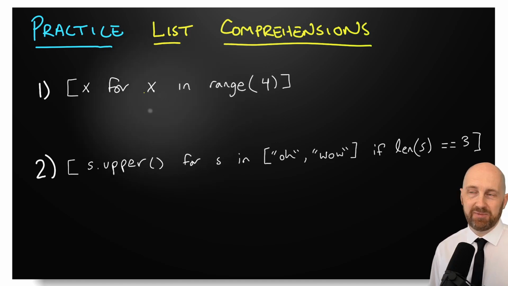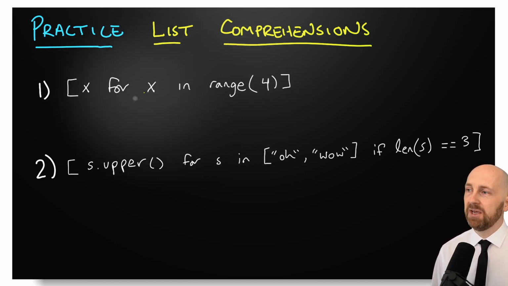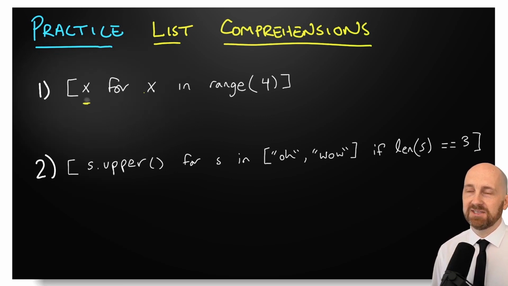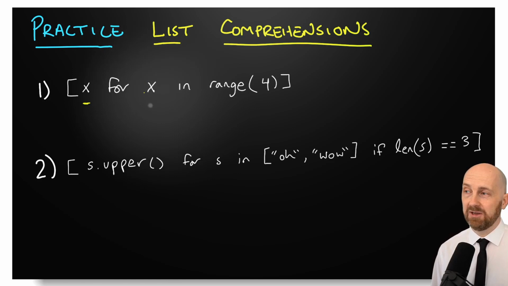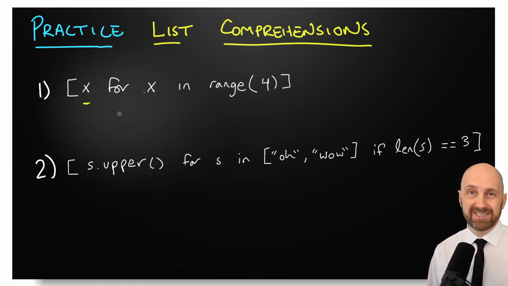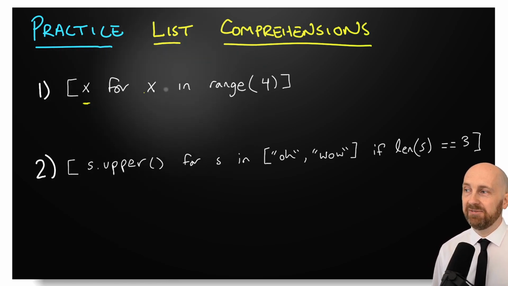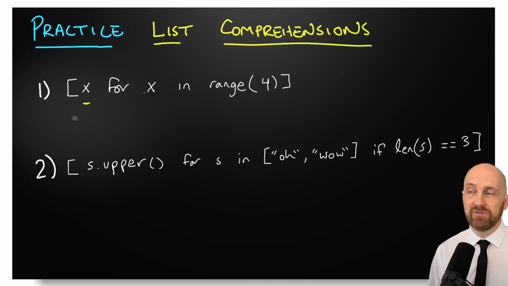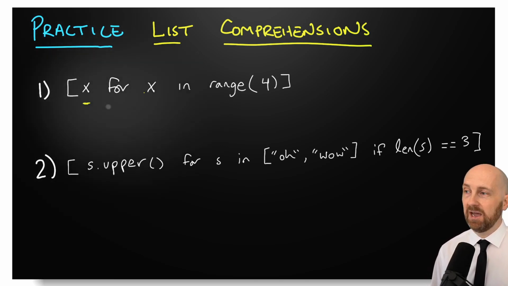This is a very common pattern for a list comprehension that you'll see in real-world Python programs. It looks a little bit funny because this transform expression is just the name of the variable that we're using in our for in, right? We think of this as the identity expression. Whatever x is, that's what we're going to use to build up our list, element by element.